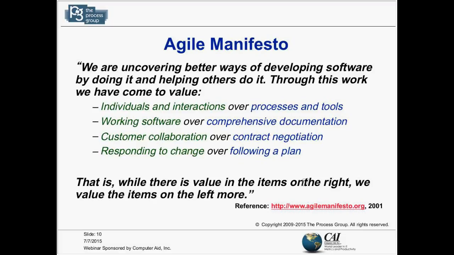The upside of this is if you were experiencing a negative implementation of processes, tools, documentation, contracts and planning, then to flip that and get a positive, you would enjoy the things in green on the left because they are more focused on a result of a software system and a team working together.